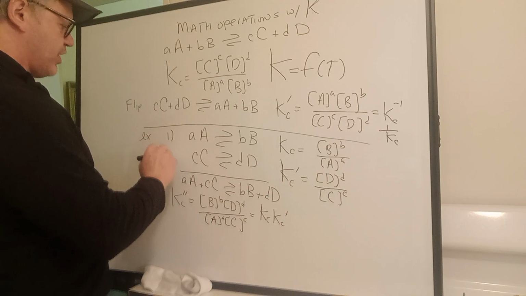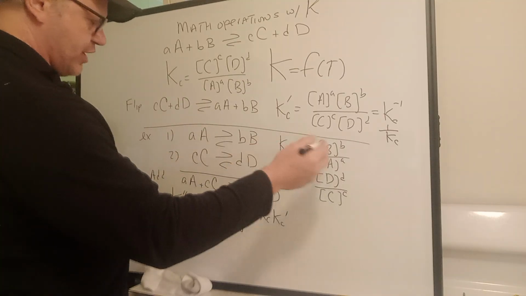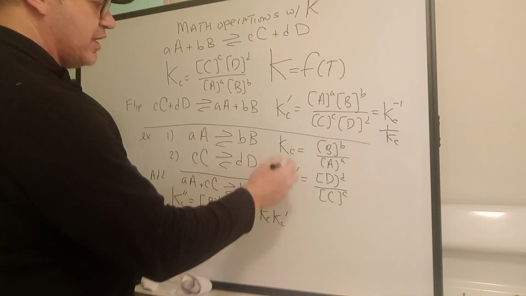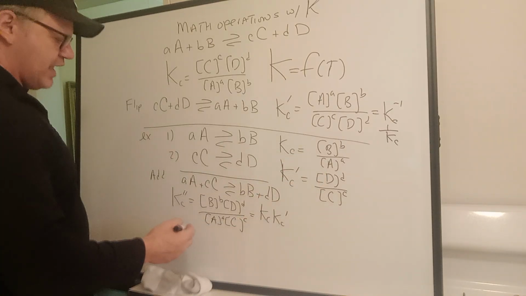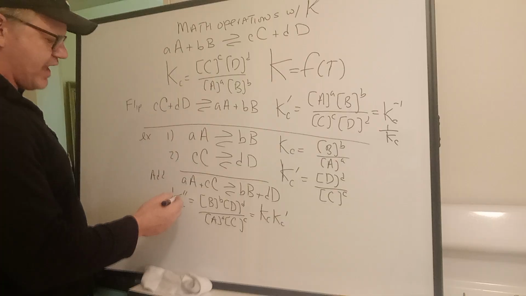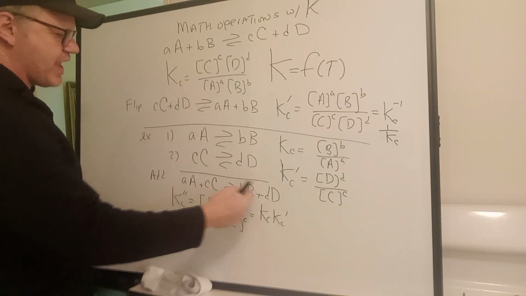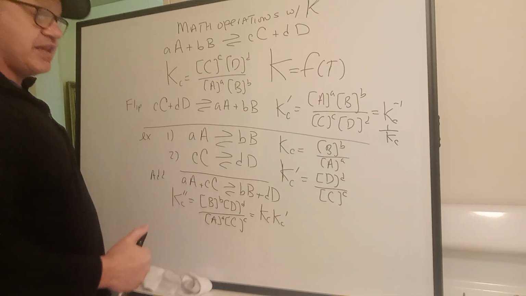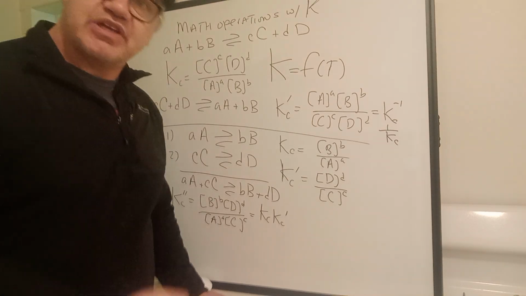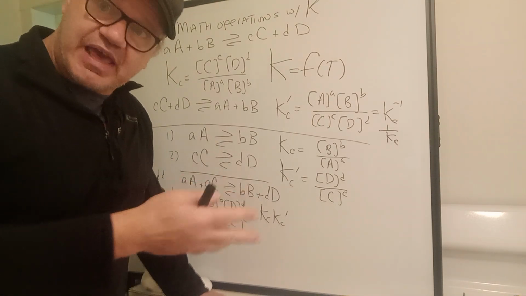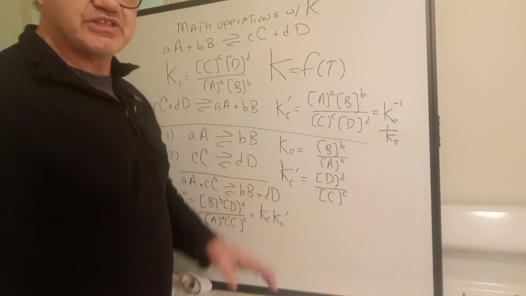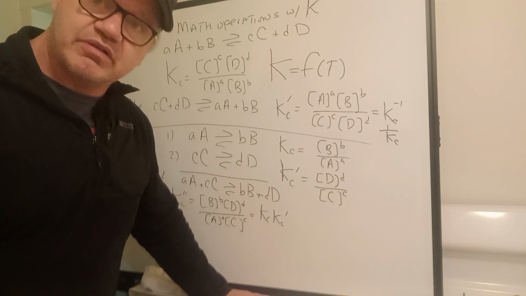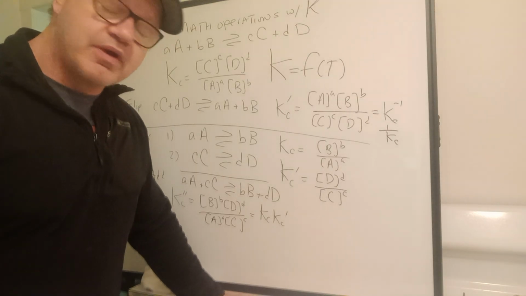We call this reaction 1 or reaction 2. We could put a 1 or 2 subscript if you want to do that. I just call this prime. So the product of these two is going to give you Kc double prime, which is for the reactions added together. Meaning when you add reactions together at the same temperature, you multiply their equilibrium constants together to give you a new equilibrium constant. That's an important property.